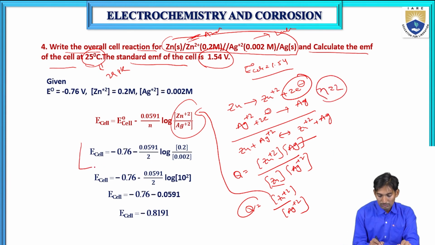So E cell equal to E naught cell minus 0.059, n equal to 2, and instead of Q you have to write zinc plus 2 divided by Ag plus 2.